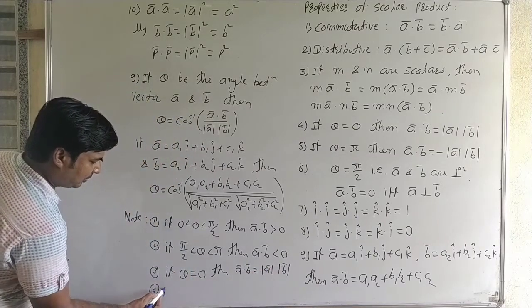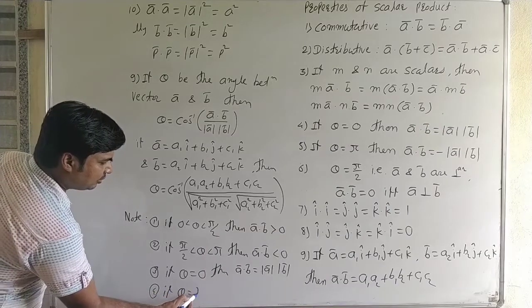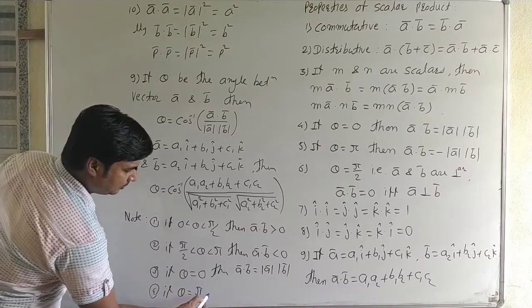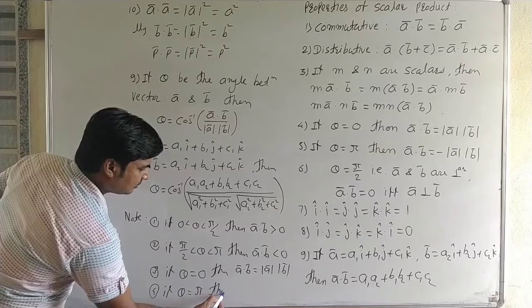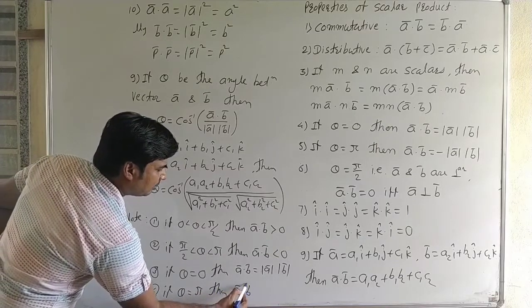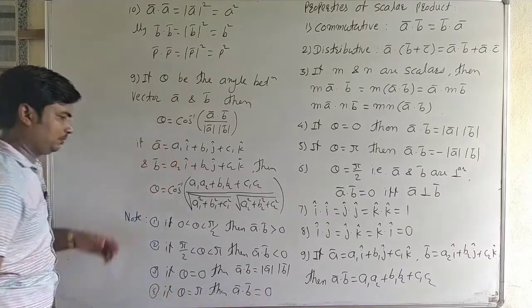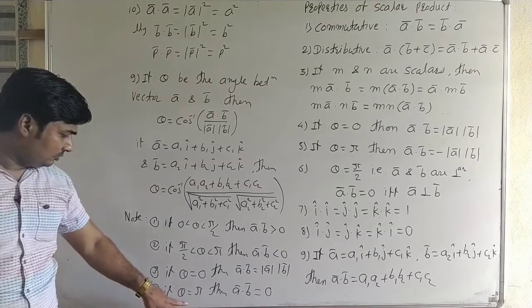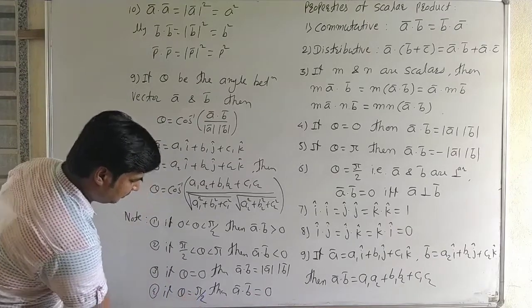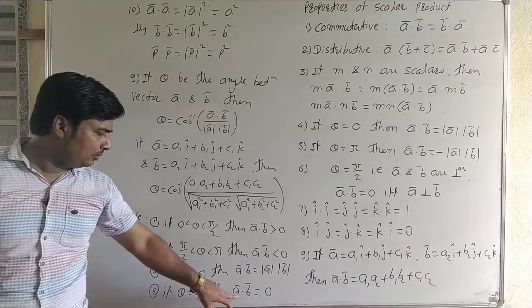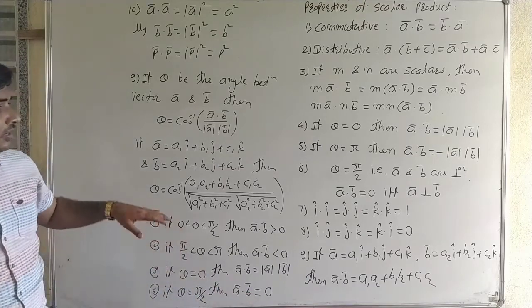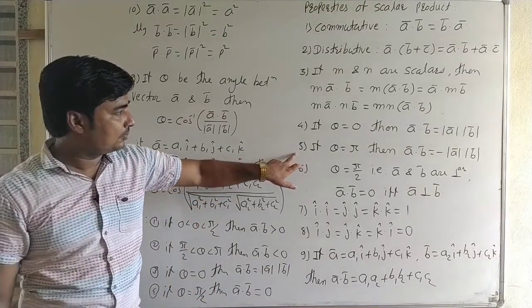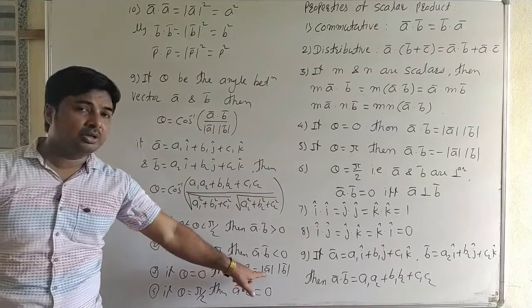Number 4, if theta is equal to 90, that is perpendicular, then a bar dot b bar is equal to 0. If theta is equal to pi by 2, then it is perpendicular, and if theta is pi, then this value will become negative.